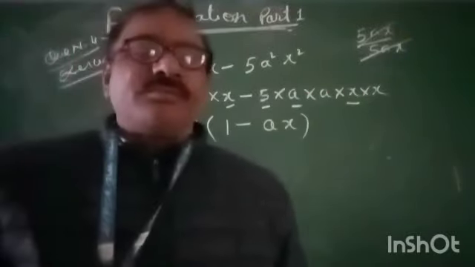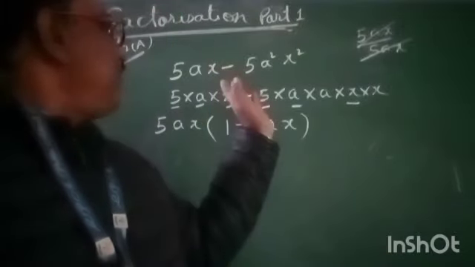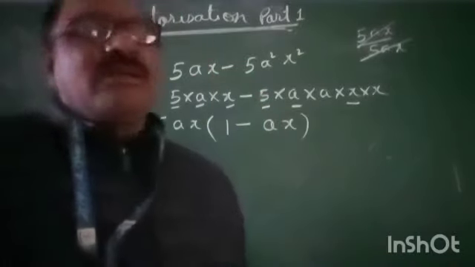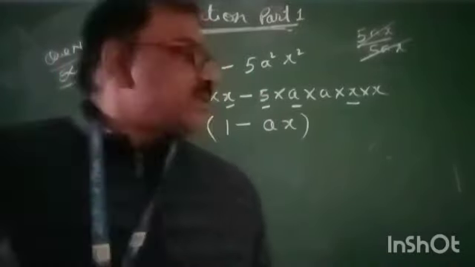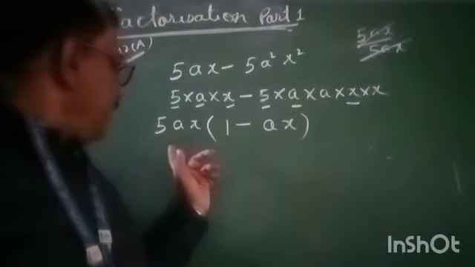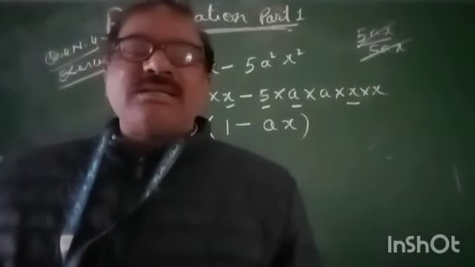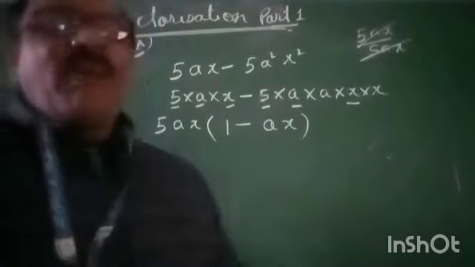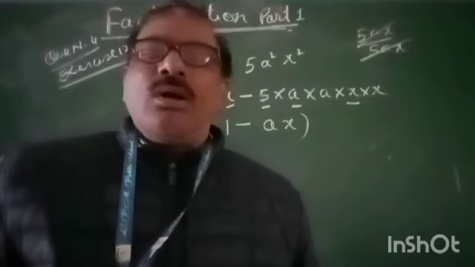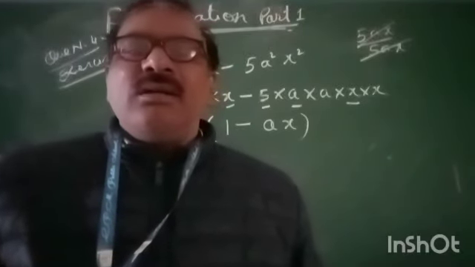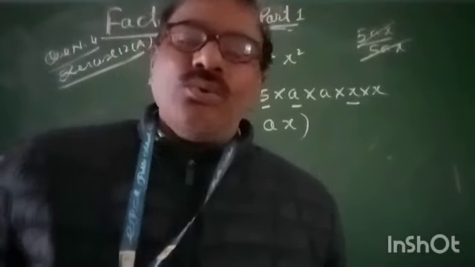So the factorization of 5ax minus 5a square x square will be equal to 5ax bracket 1 minus ax. So dear student, I hope that this is clear to you.